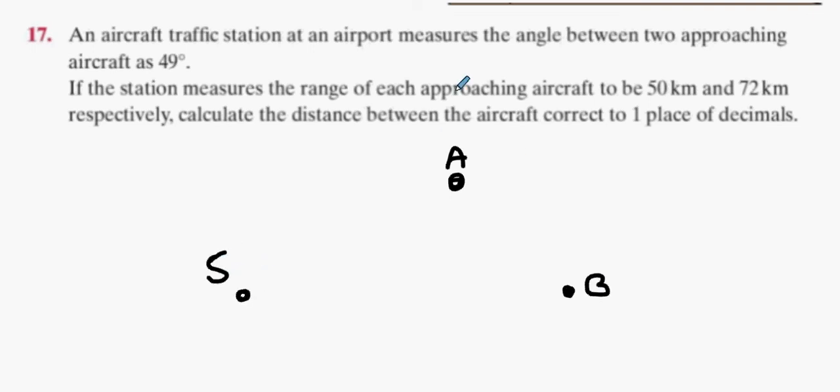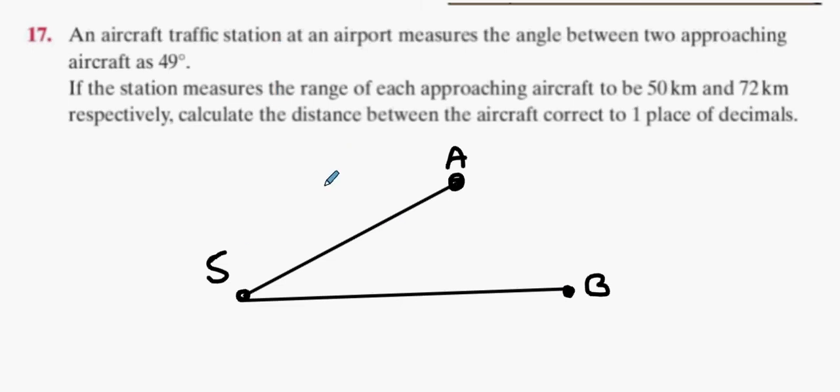Is that okay? That's their course. One of these is 50, the other one is 72. The angle in between them is 49. And the distance we're looking for is that distance there, yeah?